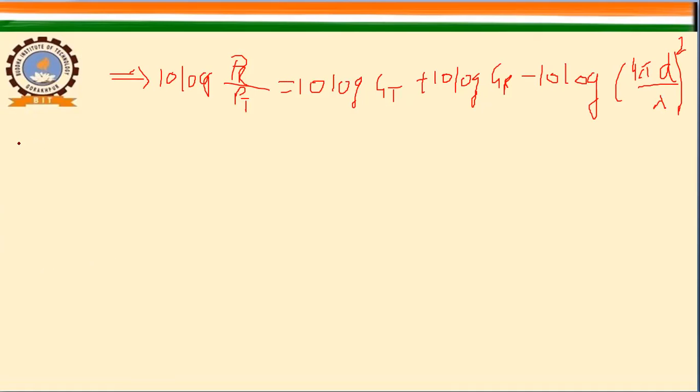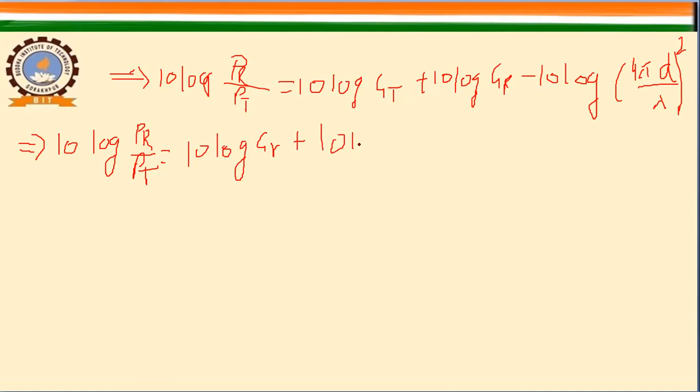So you can write once again 10 log of received power to the transmit power is equal to 10 log of received power plus 10 log of transmit power plus 20 log of 4 pi d.